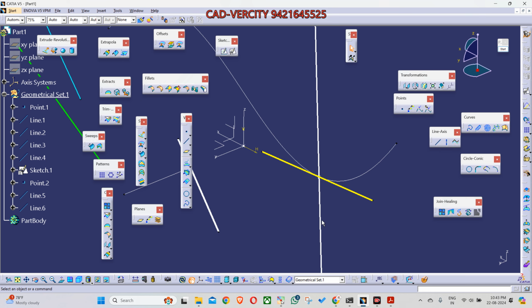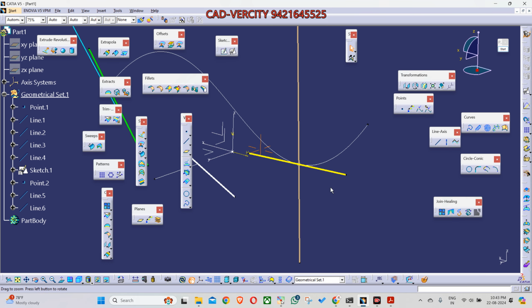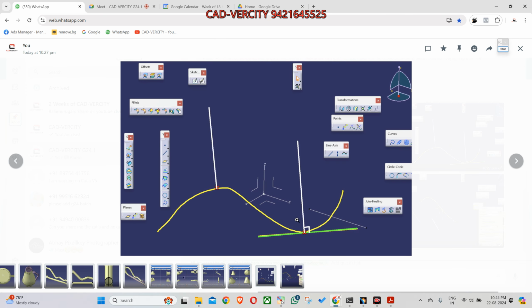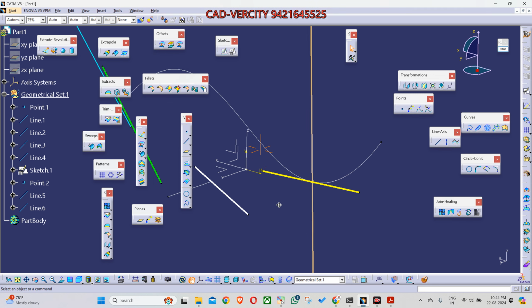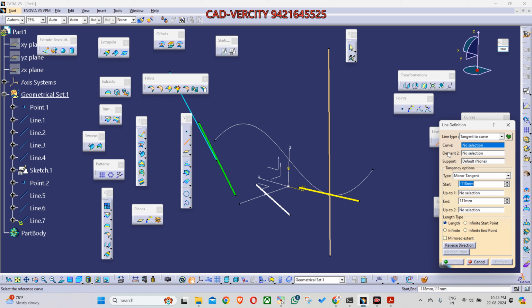Make this brown. The same thing we discussed. So this way you can use the line with point and direction, angle and normal to curve, and tangent to curve.